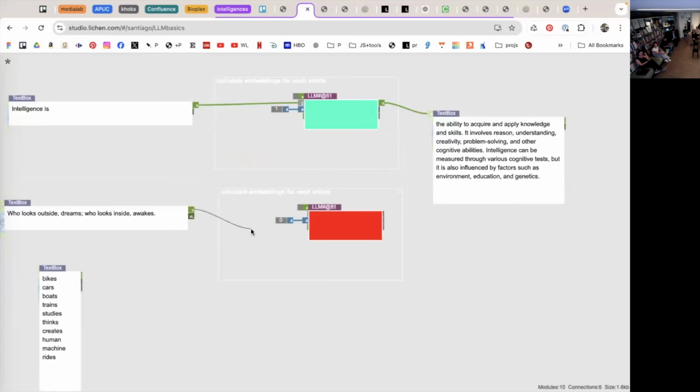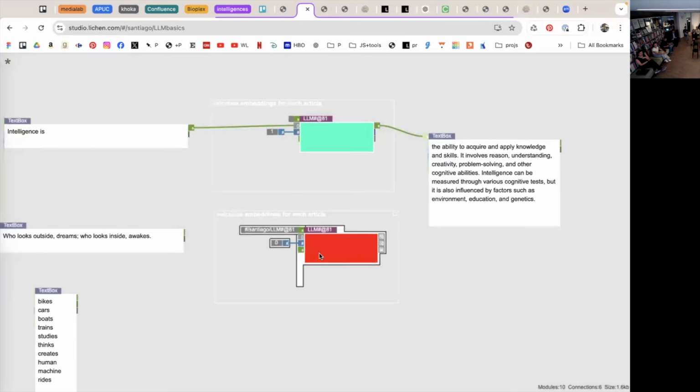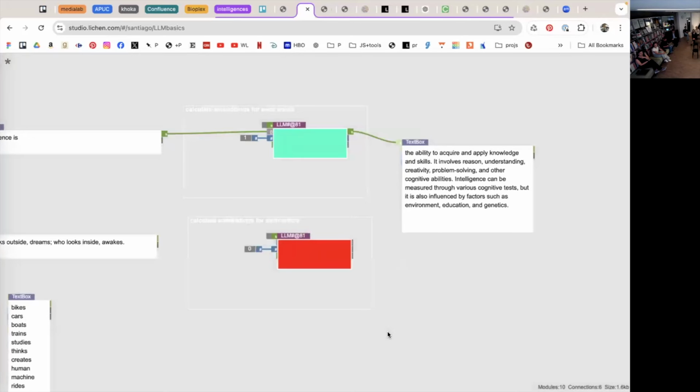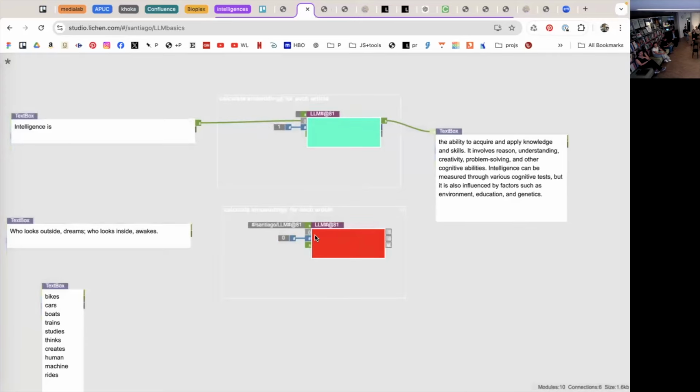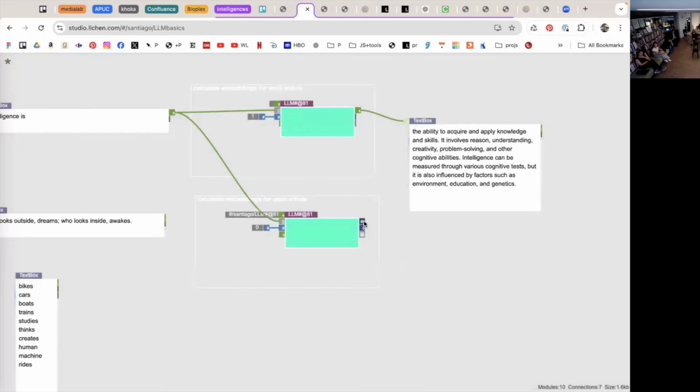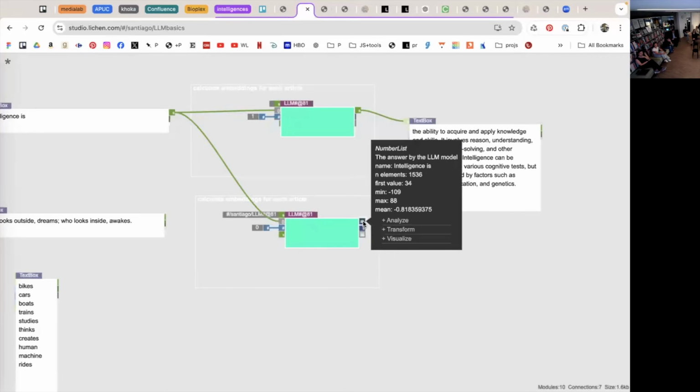But this module here allows me to do also embeddings. By the way, this is Studio, DroneWave's platform for playing with data and building data apps. And embeddings, which is the parameter series for embeddings, is different. If I connect a text, and actually I'm going to connect exactly the same text here, what it gives me is a list of numbers, okay?